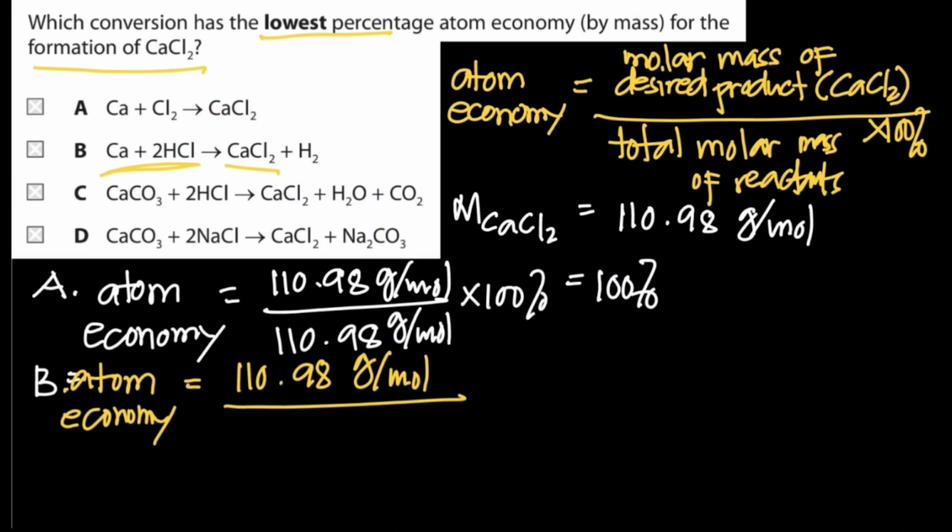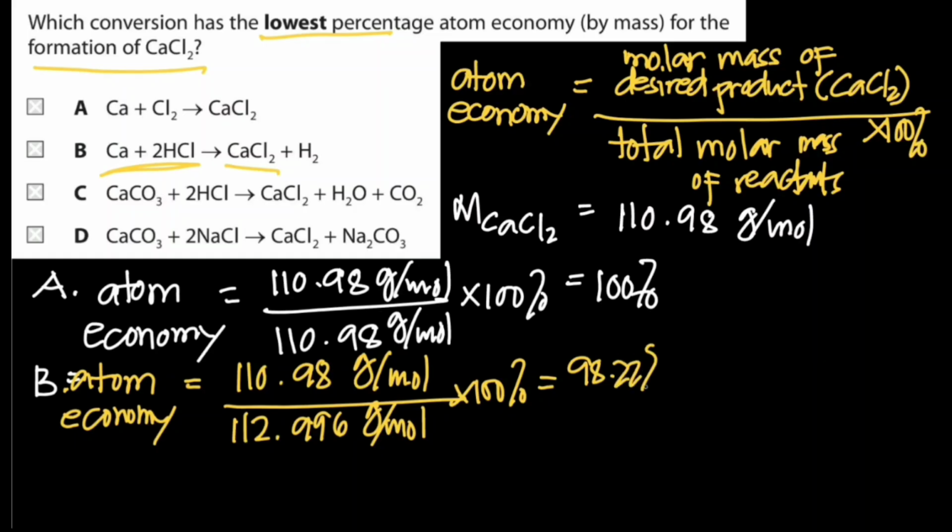That is the molar mass of calcium plus 2 times the molar mass of hydrogen plus 2 times the molar mass of chlorine, which is just equal to 112.996 grams per mole times 100%, and that would give us 98.22%.